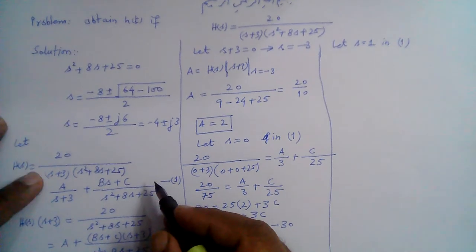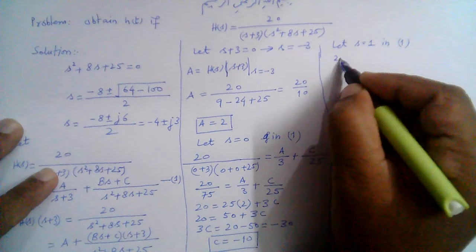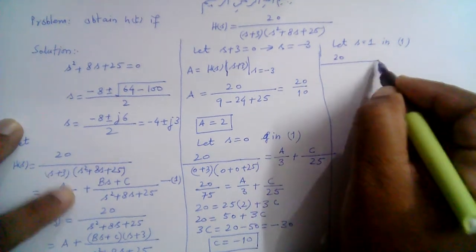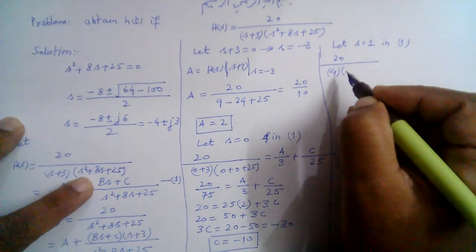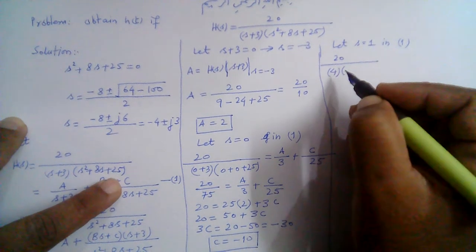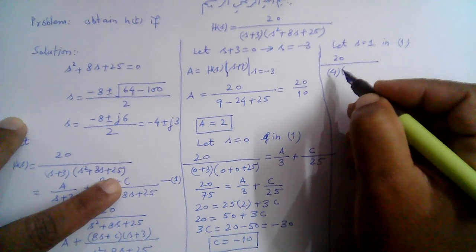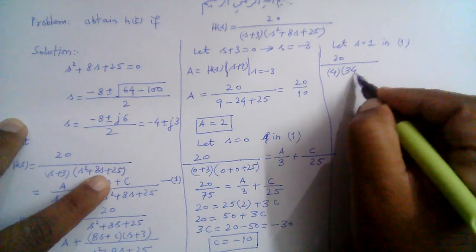So when S is substituted as 1, this becomes 20 over, this is 1 plus 3 is 4, and 1 plus 8 plus 25. So this is 25 into 26 and 34, right?